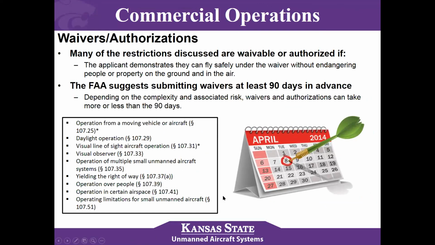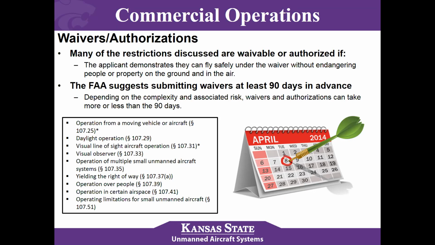All right, so a little bit more about the waivers and authorizations. What we've been talking about this whole time with Part 107 is essentially your restrictions, what you have to abide by. So what happens if you want to operate outside of those regulations? Well, then you need to apply for waivers or authorizations. And not everything within Part 107 can be waived.